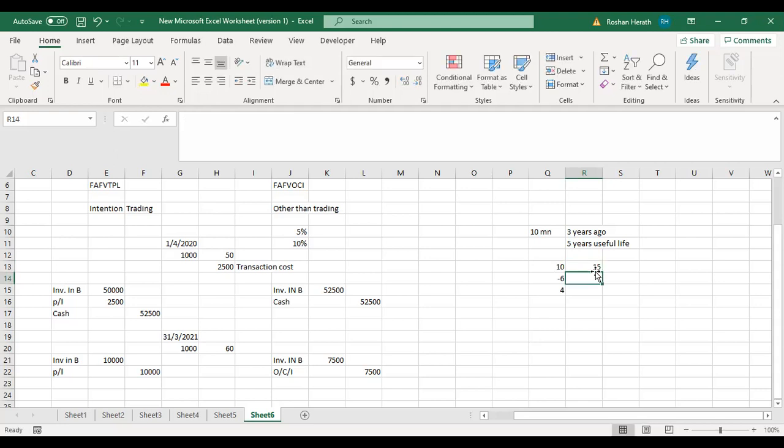But the machine you have today has been used for a certain period of time, so the brand new machine may not be equal to the machine you have. Therefore, you need to make an adjustment for that.